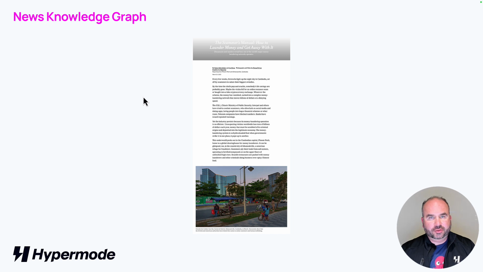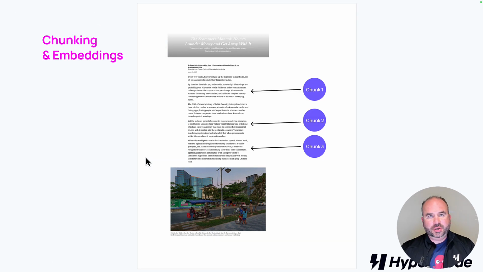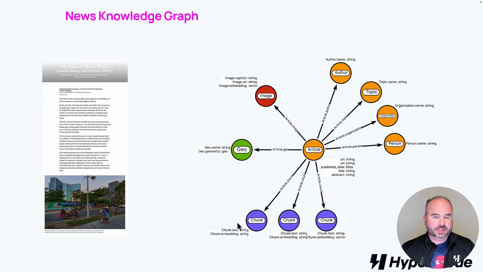We also have the author, we have images to think of, and we also have unstructured data to work with in the graph. Now, there are different approaches for how we might chunk and embed unstructured data, maybe using the semantic structure of the article. In this example, we're just going to say every paragraph is a chunk and we're going to model those chunks as nodes in the graph.